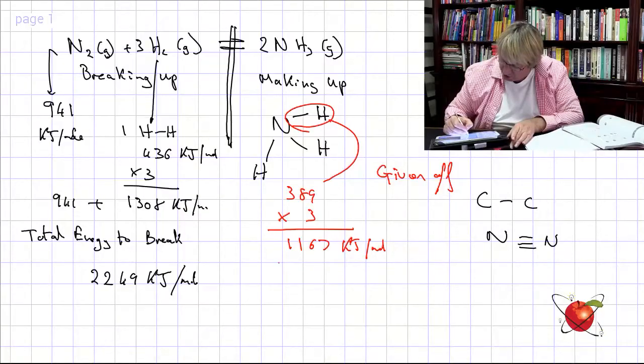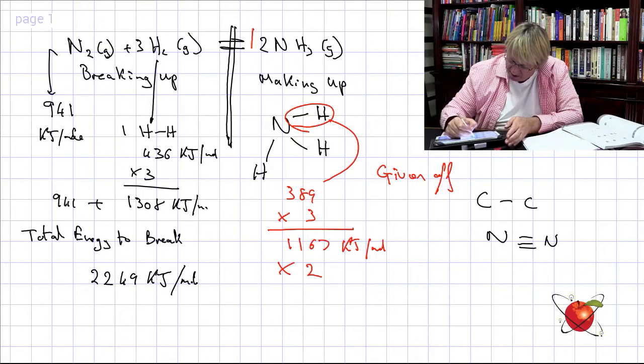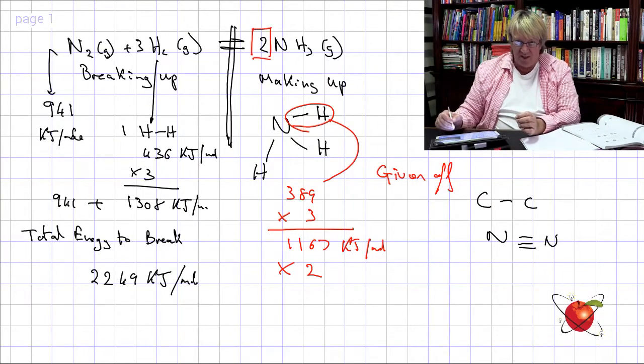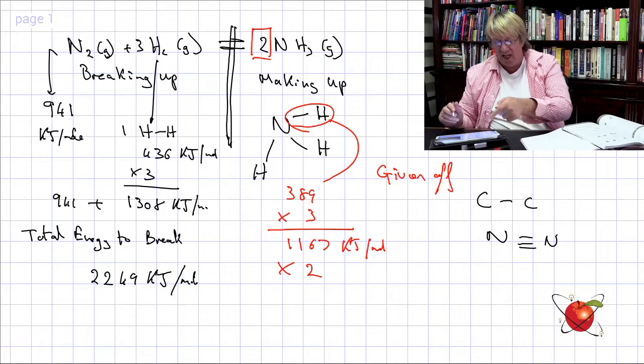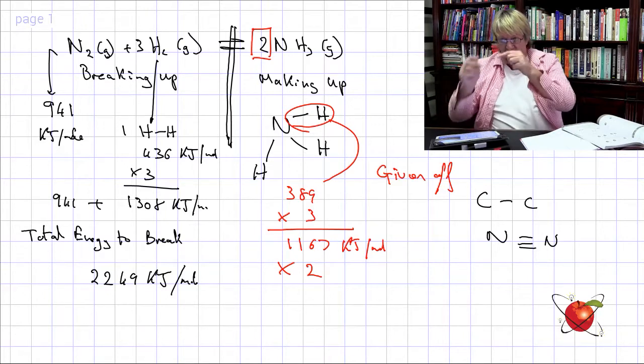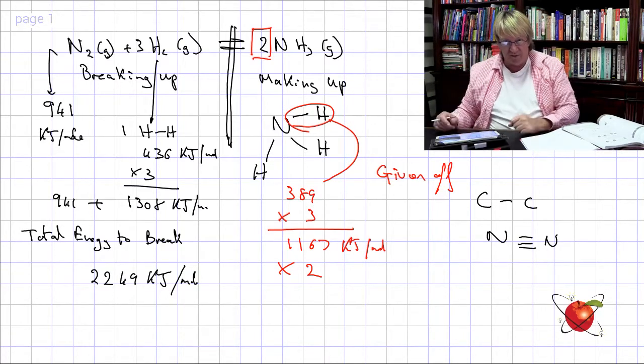But that is only for one molecule. And we make 2 in this process, right? So therefore, for the total energy given off, we have to say, well, times 2. It's this number here, isn't it? The same as we did for hydrogen, where we had to break a total of 3 hydrogens apart, didn't we?